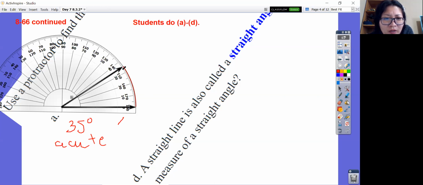Between 150 and 140, it would be 145. No, if it were 145 degrees, it would be an obtuse angle, one that passes 90 degrees. From here to here, it's not over 90 degrees yet. So 145 degrees is not correct. The answer should be 35 degrees.